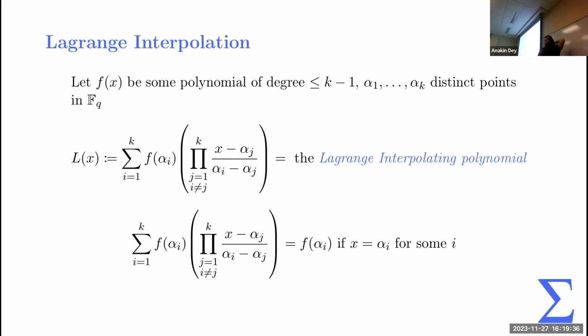And then what's the key takeaway? L and f agree on k points. They're equal to each other on all of the alpha I, right? And what did I say about polynomials of degree k minus 1 that agree on k points? They must be the same.